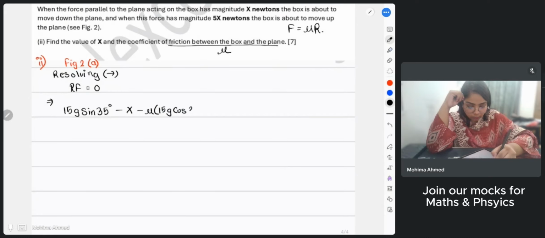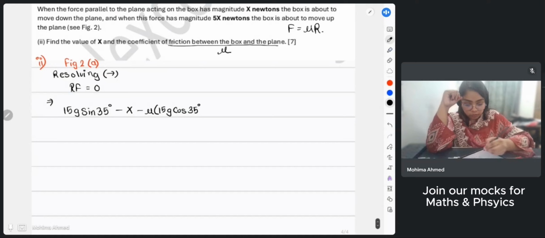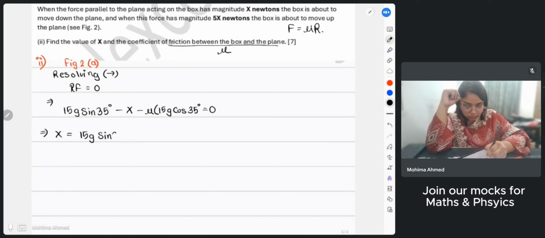Right. Now, I'm going to make x the subject of this formula. This is obviously equal to 0, which gives x is equal to 15g sine 35 degree minus 15g mu cos 35 degree.